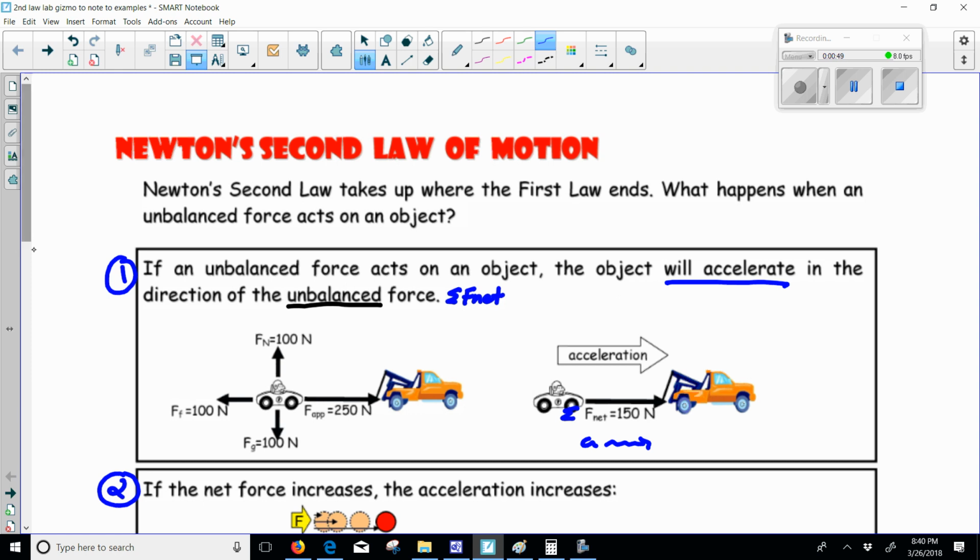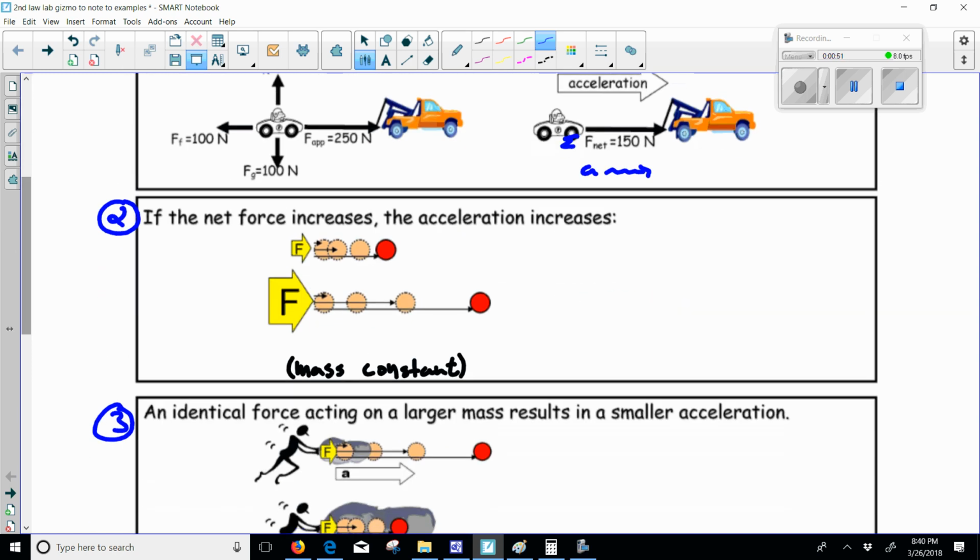What we also know, we developed with the gizmo, is that if the mass of the object is constant, it's the same object, as my force gets bigger, we have a larger acceleration. Makes sense. If you've got more of a push, you can move something a lot faster. You can accelerate it more. So this is called a direct proportionality. The two variables do exactly the same thing.